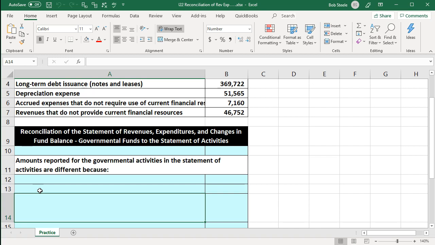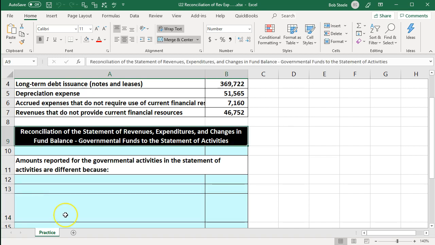You'll recall that the modified accrual basis doesn't have the long-term assets and long-term liabilities on the balance sheet, and is instead accounting for those items in essence as flow activities or temporary account type of activities, similar to income statement type of account activities on the fund financial statements in terms of the governmental funds for the modified accrual basis. Our reconciliation process is going to be fairly straightforward.